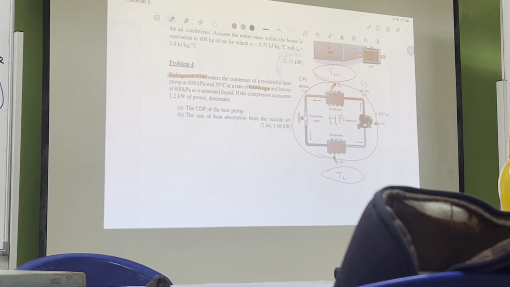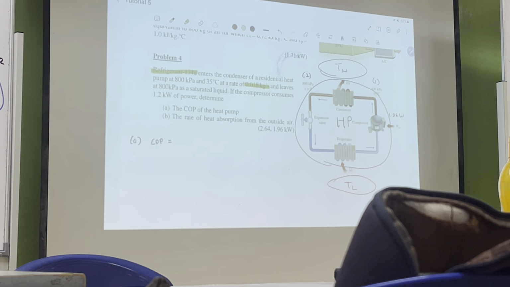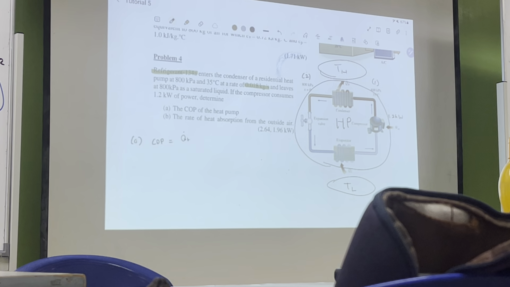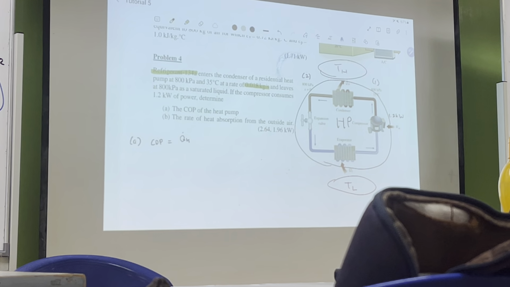So for A, you need to find the COP of the heat pump. So for a heat pump, what is the COP equation? What is expected from a heat pump would be the QH. This is the output, while the input that you are putting in will be the work in.